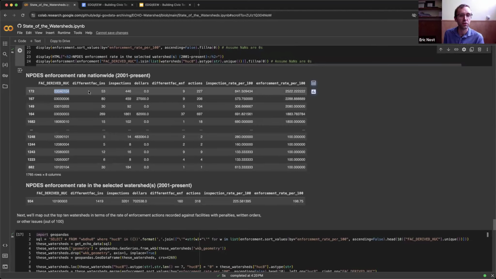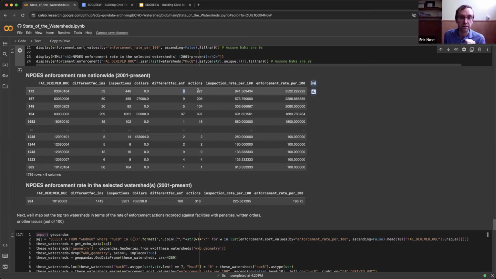So if we look at the enforcement rates nationwide, we see in this watershed here, we've got 227 different actions over the past 20 plus years against 9 different facilities. And that's kind of an indication of how routinely bad some of these actors can be, as well as how diligent perhaps these agencies are.